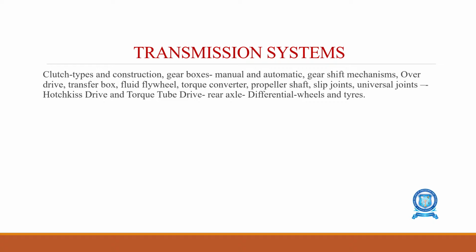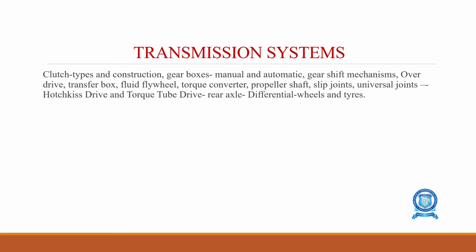The universal joints are also an important component in the propeller shaft, because when the vehicle is moving, the surface is not even. When the vehicle's front wheels are at a speed breaker or an irregular surface, the propeller shaft's length will tend to alter.